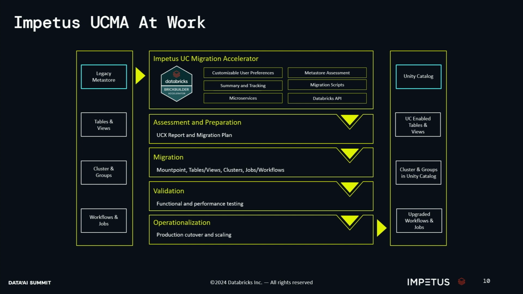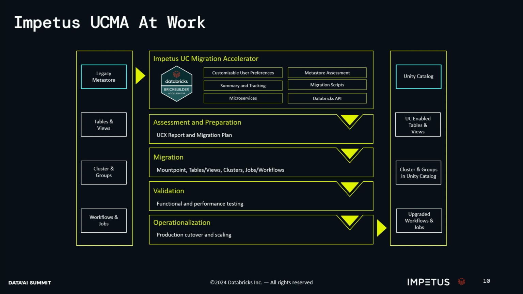So when we do this assessment, at least from a high level, you would know what the migration strategy is, how much time this migration is going to take, and also be able to prepare your team, that is your data consumers, and tell them that this is what's going to happen, this is what's going to change next. Be prepared to validate it and start using Unity Catalog going forward. That's something that comes out of this assessment phase.